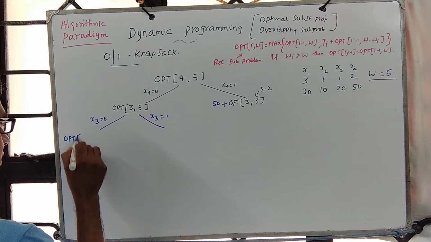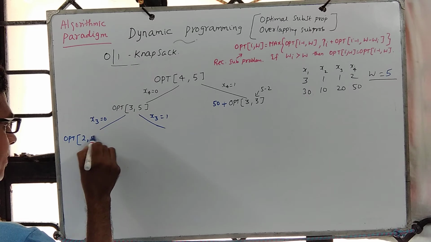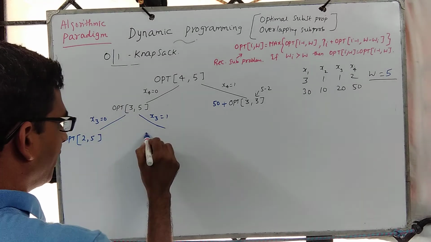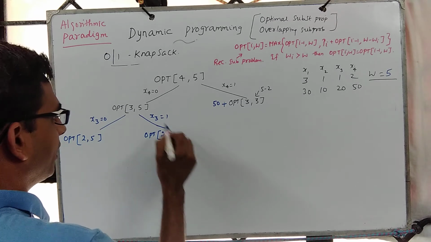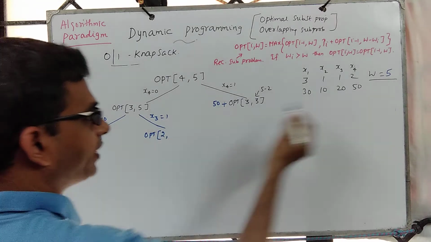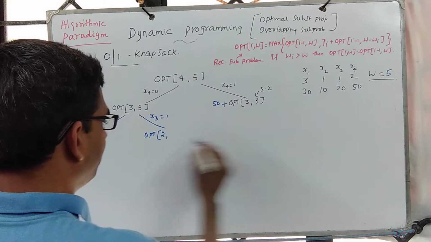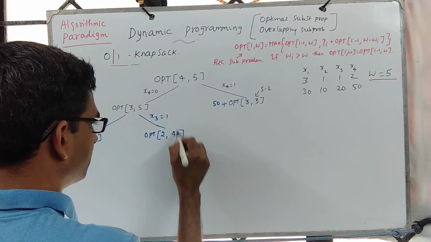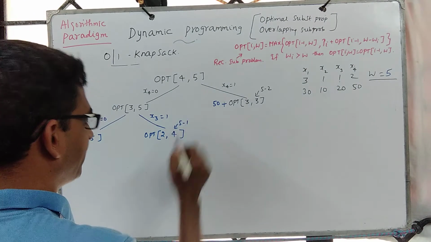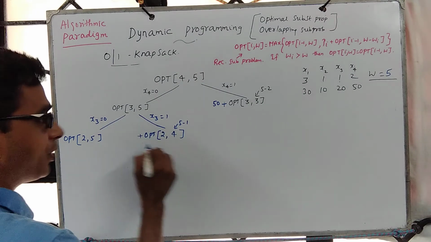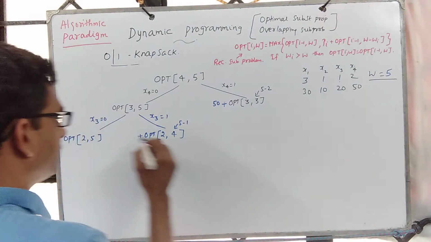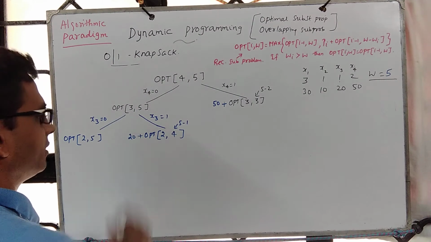So this becomes opt of 2 comma 5, and on this side this becomes opt of 2 comma, and we are including x3, its weight we have to subtract, so this becomes 4. So this is 5 minus 1. And if we include this, we get some profit. The profit is 20, which is given over here.